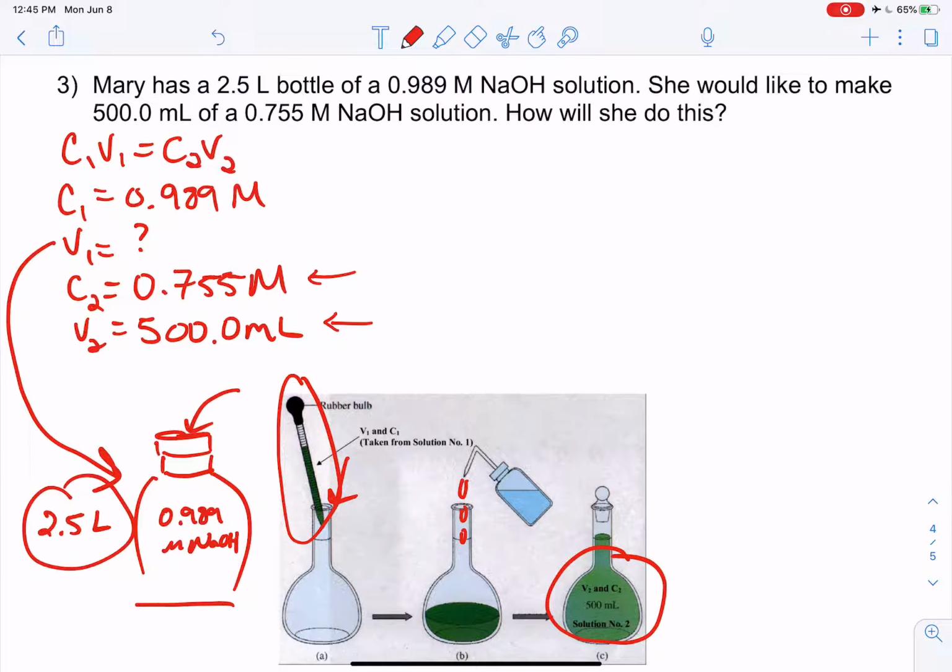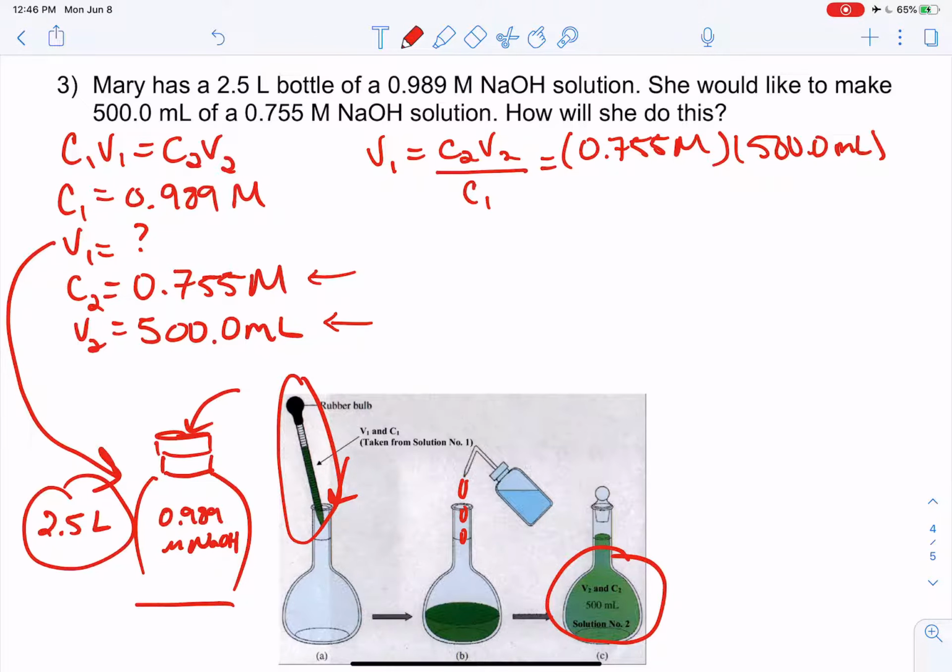Okay, so we have that V1 is equal to C2 V2 over what? Over C1. C2 is 0.755 molar, V2 is 500 milliliters, and C1 is 0.989 molar.